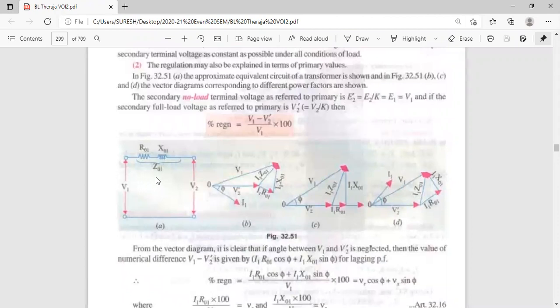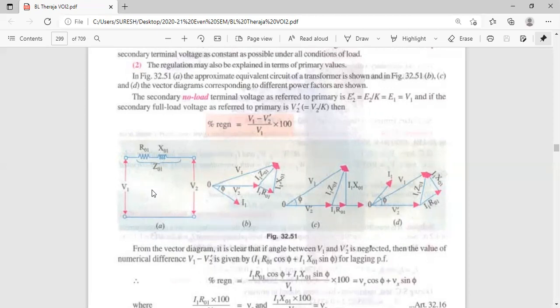What are they doing in this diagram, can anyone tell? Explain this diagram. Yesterday we had discussed converting E1 into V2, converting the secondary side in terms of primary.